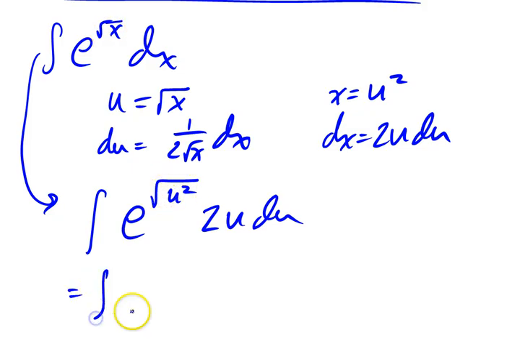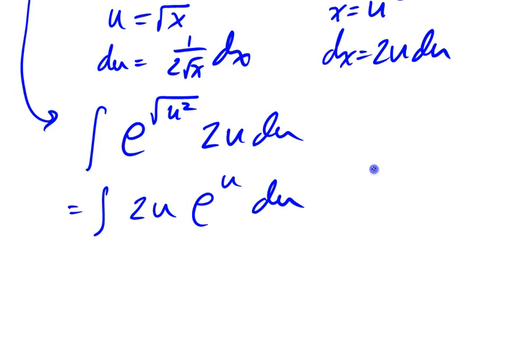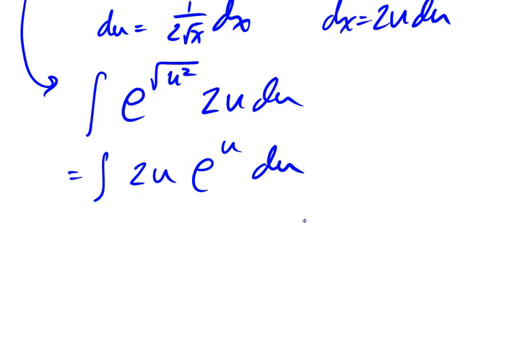This then becomes, well, there's a 2u out in front, and then you've got e to the u du. And now this actually is an integral that I recognize as probably being not trig substitution, integration by parts would work pretty well here.